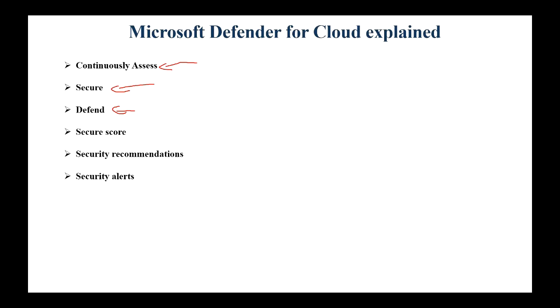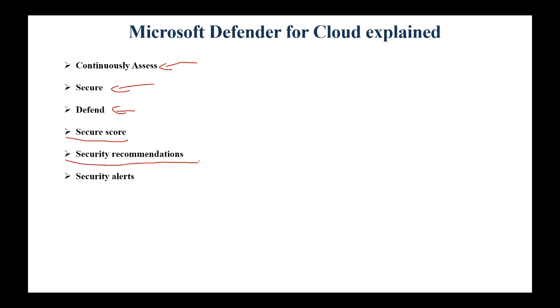Now, to help protect yourself against these challenges, Defender for Cloud provides you with tools like the Secure Score, and here you have basically a single score so that you can tell at a glance your current security situation. The higher the score, the lower the identified risk level. Then you have the security recommendations, and these are customized and prioritized hardening tasks to help you improve your security posture.